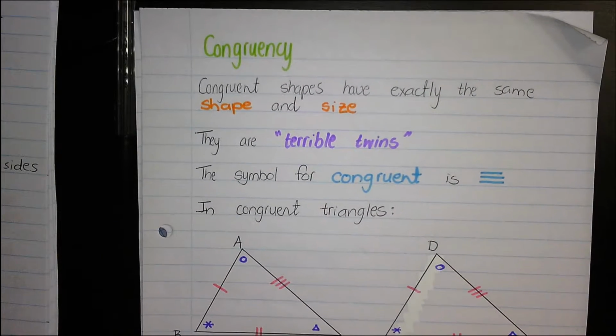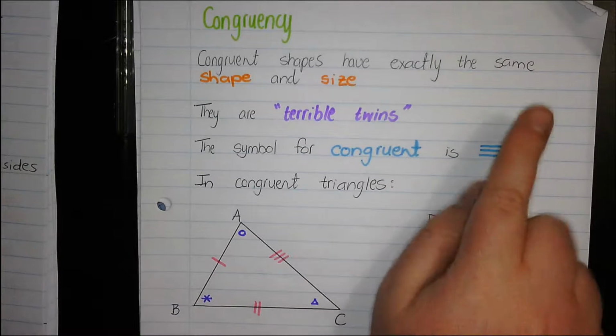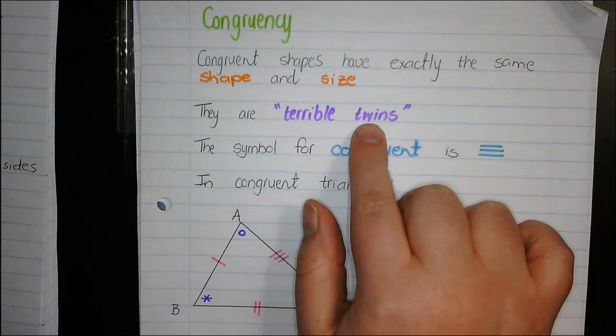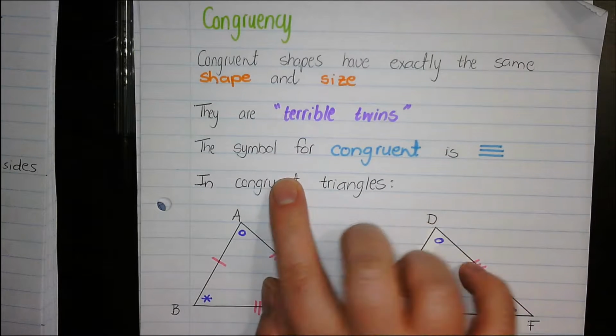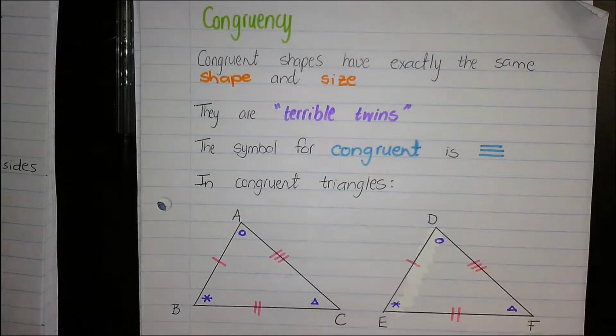In our extra lesson, we talked about congruency. We said that congruent shapes have exactly the same shape and size, and that they are identical twins. The symbol for congruent is like an equal to sign, but with an extra line.